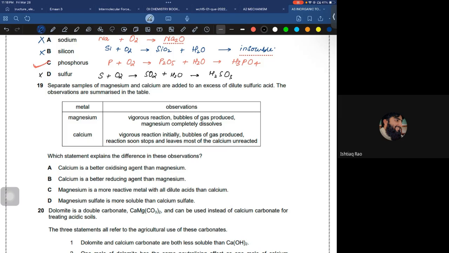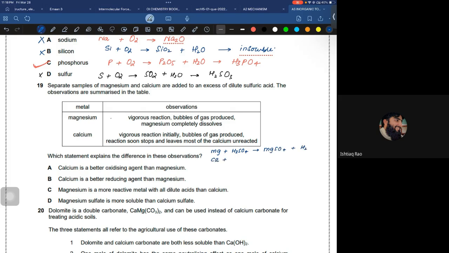Option A: vigorous reaction, bubbles of gas produced, magnesium completely dissolves. This is an observation. When magnesium reacts with sulfuric acid, it produces magnesium sulfate and hydrogen gas.